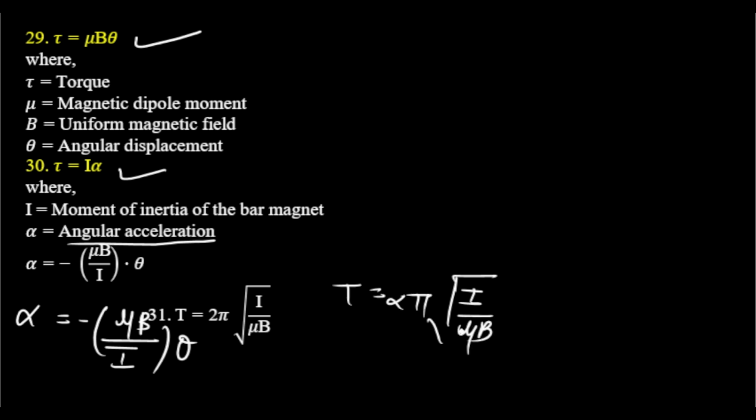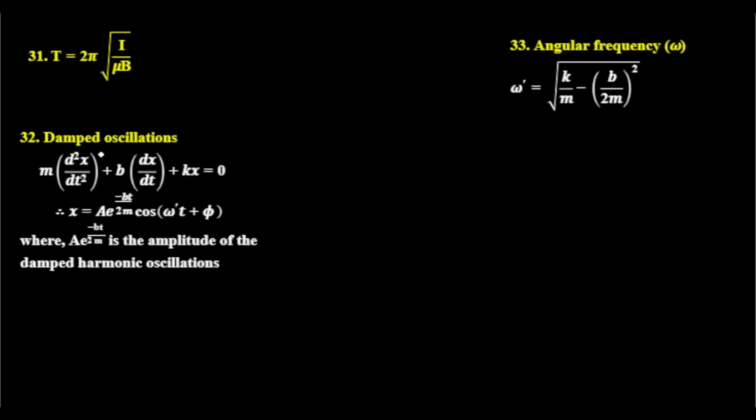Now, damped oscillation: m d square x by dt square plus b dx by dt plus k x is equal to 0. Here A is the amplitude of damped harmonic oscillation. This is what we get.